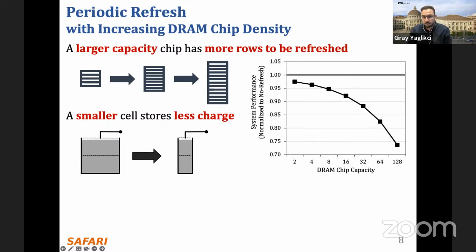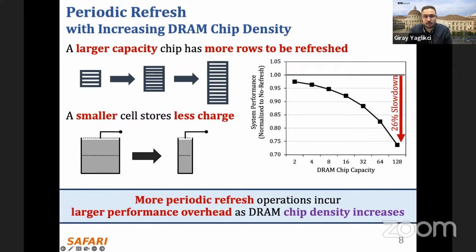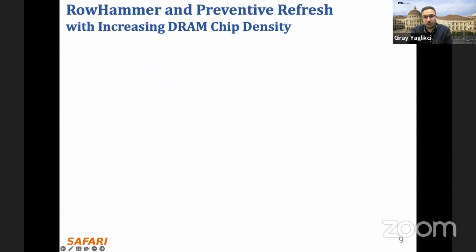Here is a plot where we sweep the DRAM chip capacity on the x-axis and investigate how the performance overhead of DRAM operations changes over time. We observe that as we increase DRAM chip capacity, we need to spend more time on performing these periodic refresh operations, and they incur a larger performance overhead. So things are getting worse.